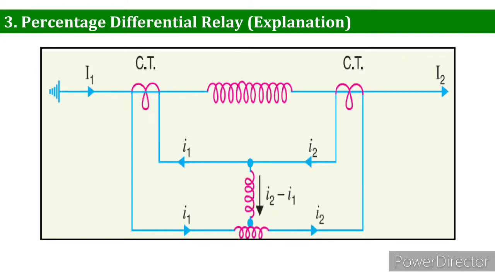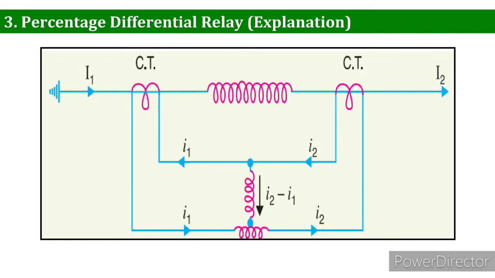As you can see in the figure, which is the equivalent circuit of that bias beam relay, which is the second name of percentage differential, the differential current in the operating coil is proportional to I2 minus I1, because here the basic law, that is KCL, applies, and the equivalent current in the restraining coil is proportional to (I1 plus I2) over 2.